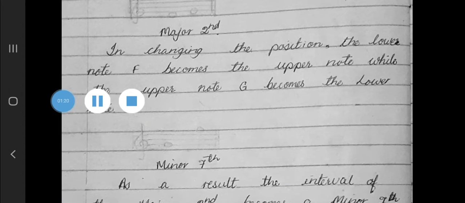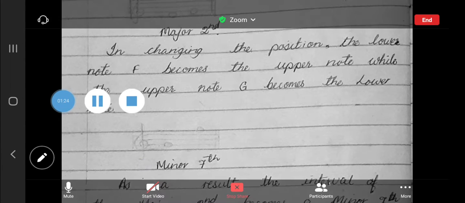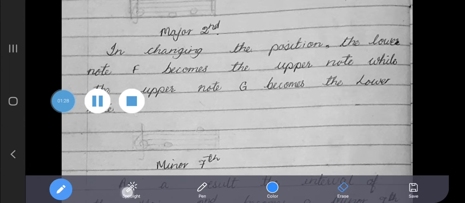So when you invert the major second, that means you are changing a note. If F was here and G was here, I can put F up here, or you can keep G here and put the F down. That's your choice.